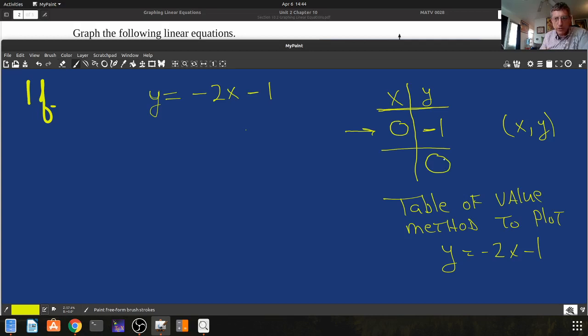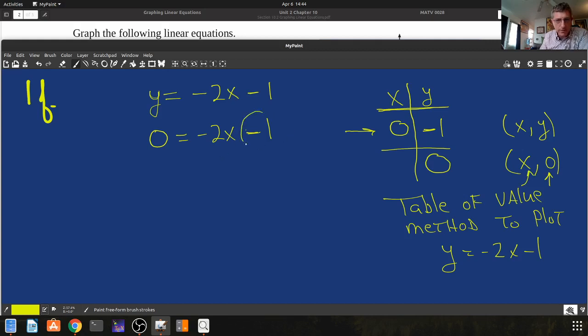And the next one, y is equal to 0. So y is equal to 0 is equal to minus 2x minus 1. So I'm solving for, in this case, I've been given x is equal to 0, y is equal to 0. I have to find the value of x. So I'm solving for x.